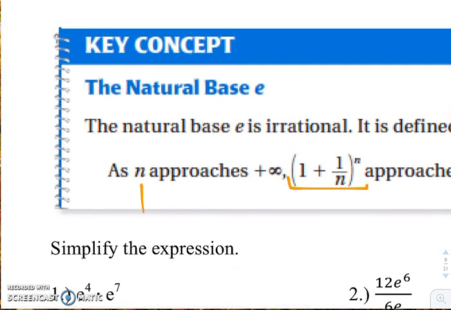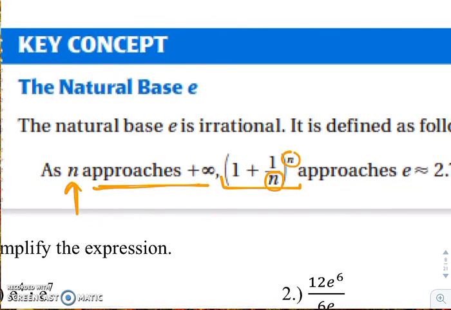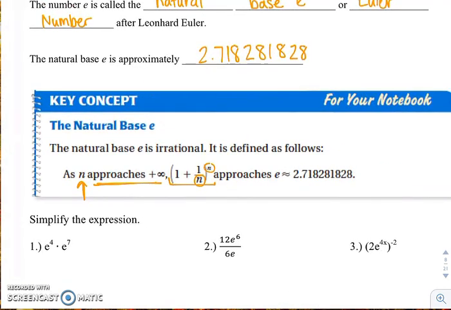As your n value increases, or approaches positive infinity, that expression as a whole gets closer and closer to 2.718281828. So your e value will never go over that, but as our n value increases in our expression, just know that it approaches that value. That is approximately what your e is equal to when we type that into the calculator, which we'll see here in a minute.